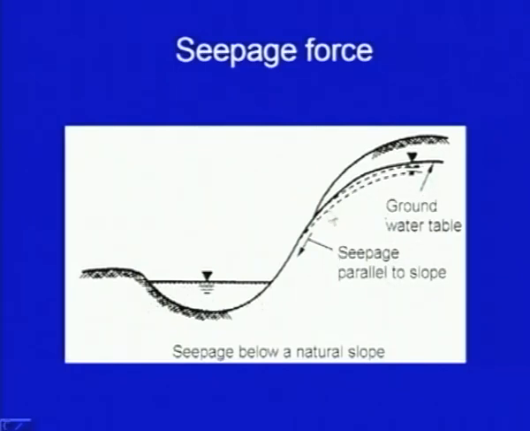When the groundwater table touches the ground here, this entire area is completely saturated, and seepage is taking place in this direction, almost parallel to the slope. So, these situations have to be analyzed in a different manner, and here this seepage joins the water table. We will be considering these details, how to take into account the seepage forces.